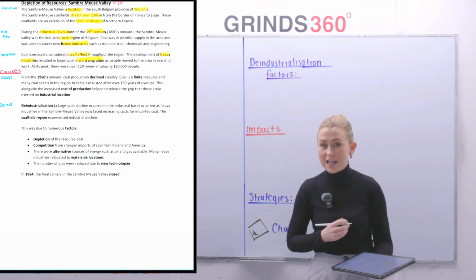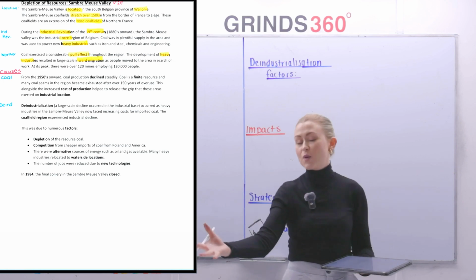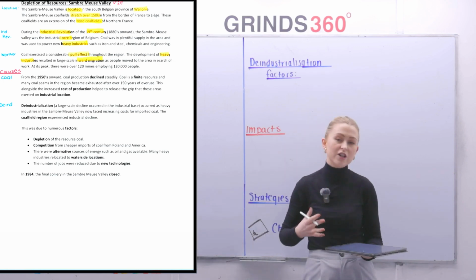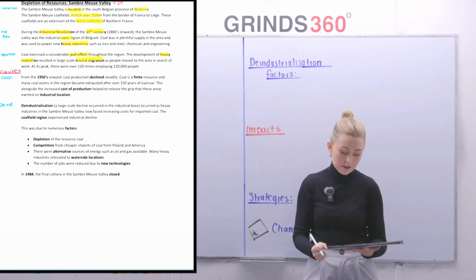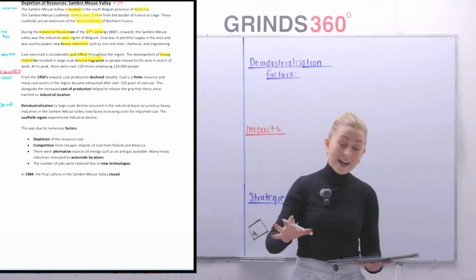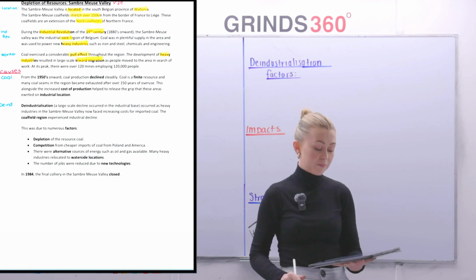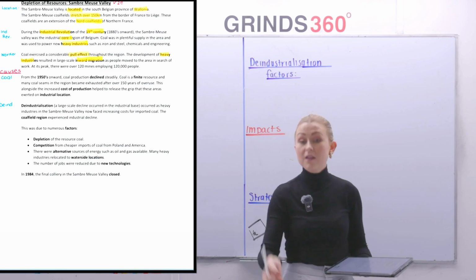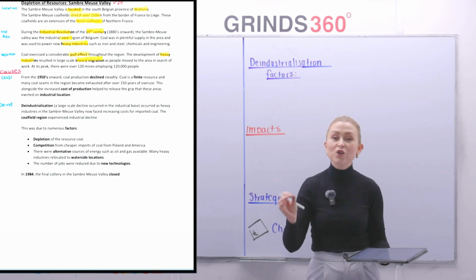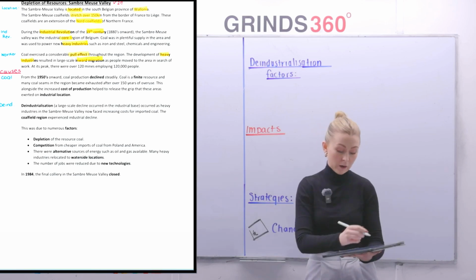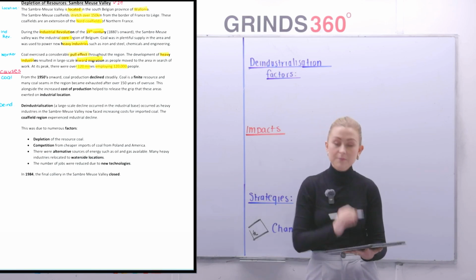Highlighting the words large-scale inward migration. Now that's inward migration from areas like Flanders that wasn't just as developed at the time, as people moved to this area in search of work. At its peak, there were 120 mines and 120,000 workers. Let's highlight them 2 figures.